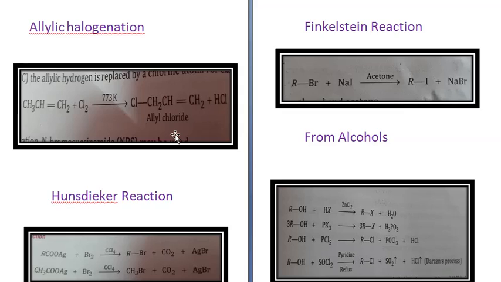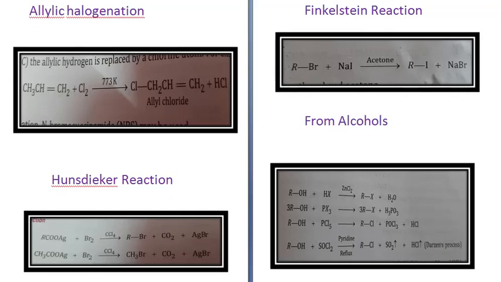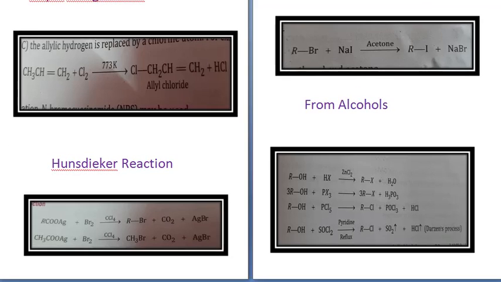Okay. Now next method of preparation is Hunsdiecker reaction. In this, the silver acetate, RCOOAg, is treated with bromine in presence of carbon tetrachloride. You get RBr plus CO2 plus silver bromide. Okay.